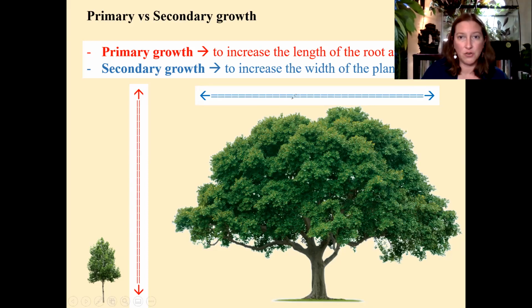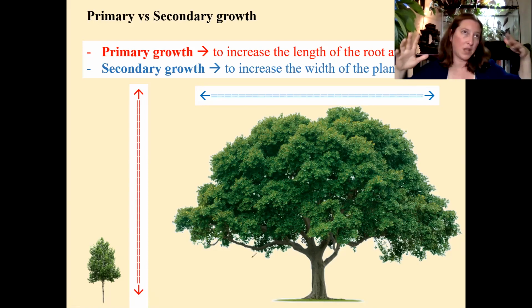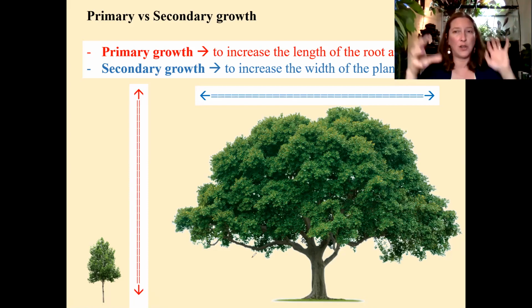This tree on the right, in order to become a 100-foot plus tall tree, you need to get thicker at the bottom, and your branches need to get thicker because you're holding up so much material, and your roots will need to get thicker because they're supporting this massive tree. But for a grass, you don't really need to get thicker. So grass would only undergo primary growth, whereas trees undergo secondary growth.